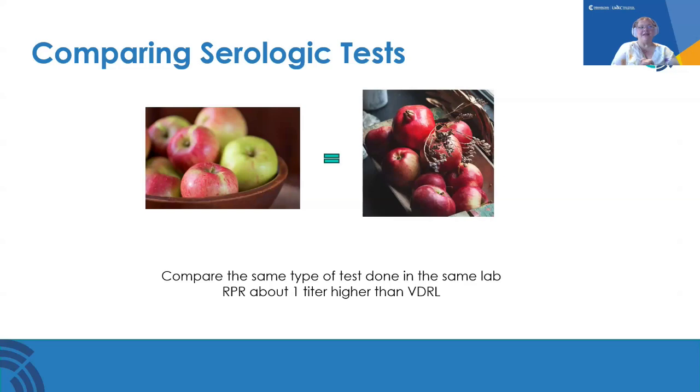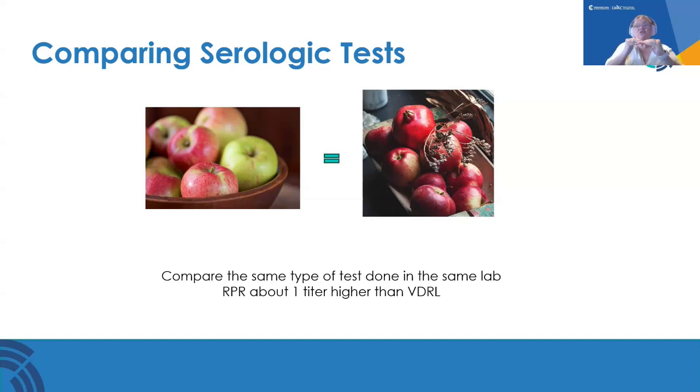I put this slide in here because RPRs and VDRLs, while they both measure titers, they are not the same. And you always want to compare RPRs with RPRs and VDRLs with VDRLs.